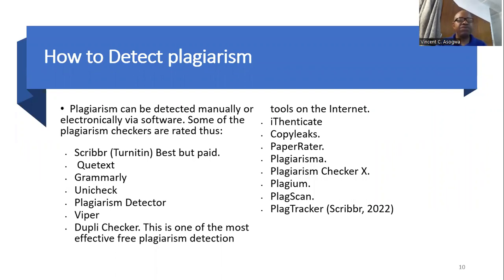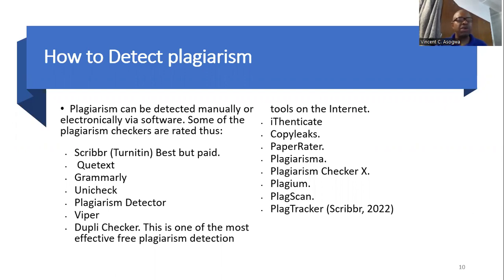That is why before the advent of technology, people were not being caught for plagiarism, because it was very difficult to know, especially when it is translated, or used in different locations. But these days, because we're in a global world, it can easily be detected.